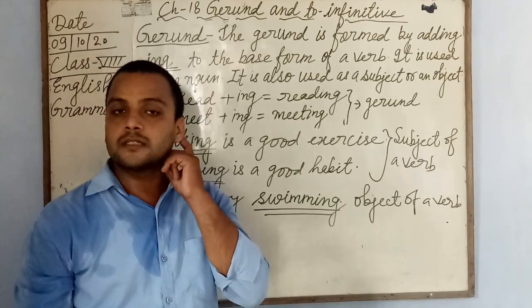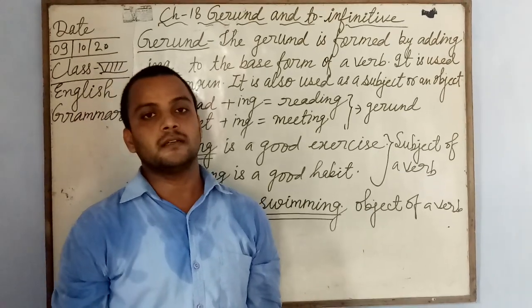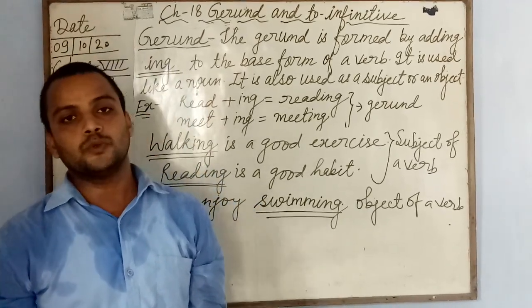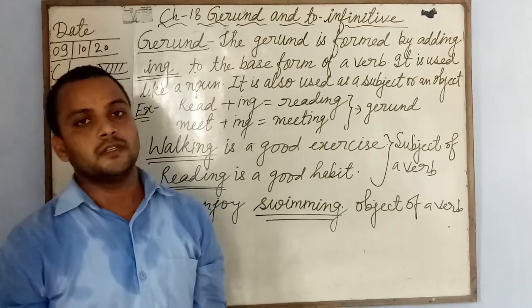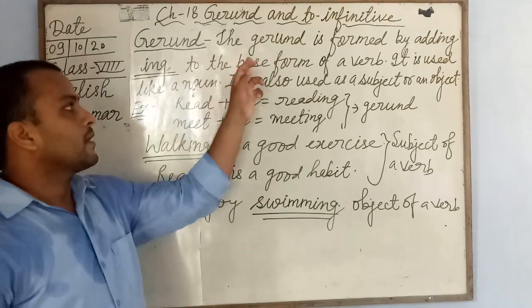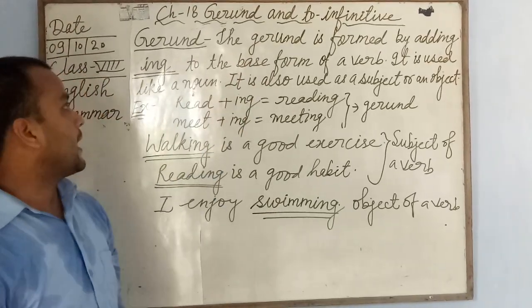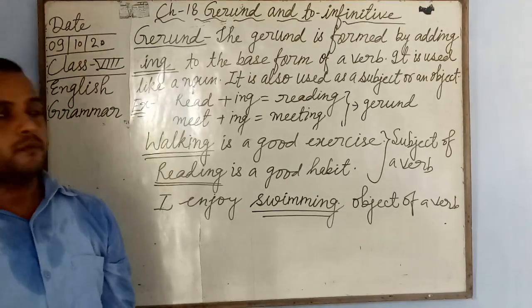So, students, first of all, we have to know what is gerund and what is infinitive. So I have written the definition. Gerund. The gerund is formed by adding ing to the base form of a verb.